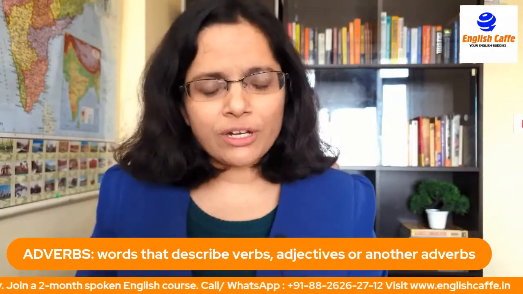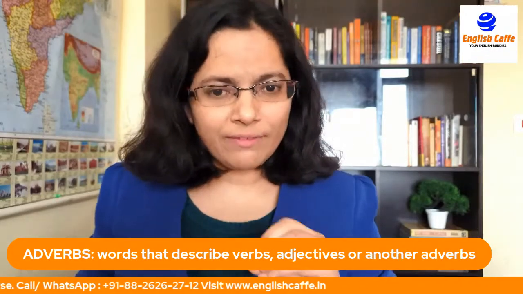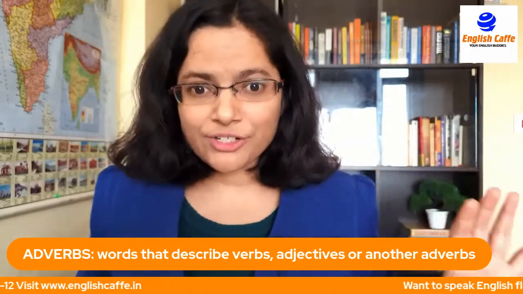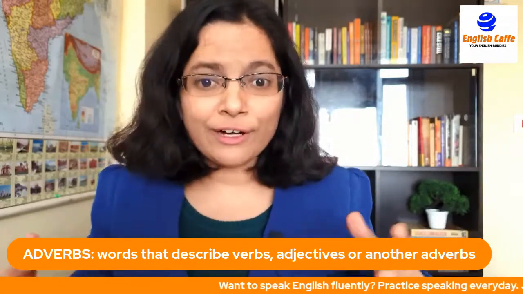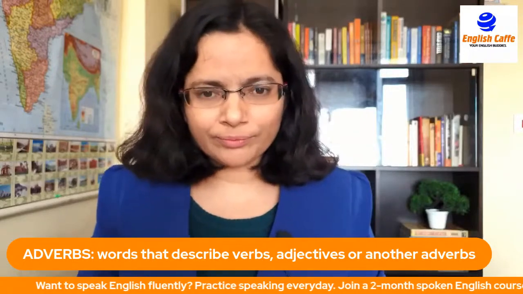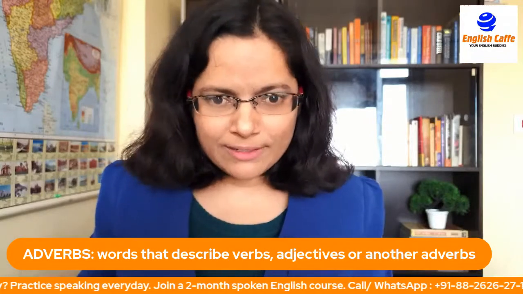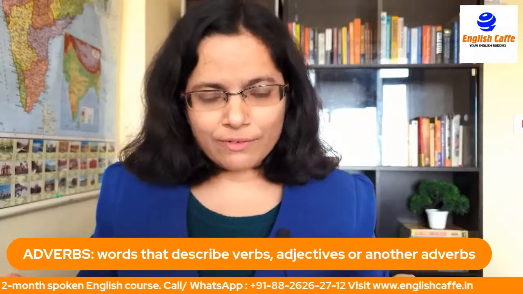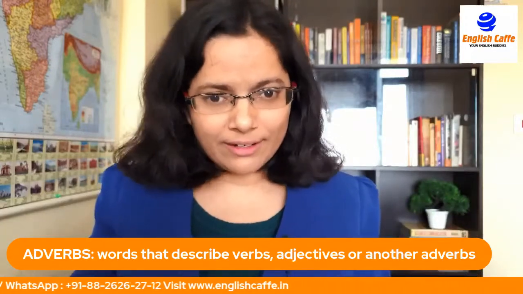So talking about the first type of adverbs, words that describe verbs. You know that words that describe nouns are adjectives, but there are words that can describe a verb in more detail. For example, if I say Virat plays cricket, in this sentence Virat is a noun, plays is a verb, and cricket is another noun, right?